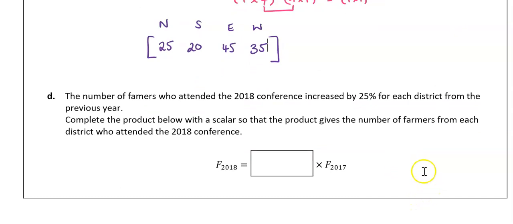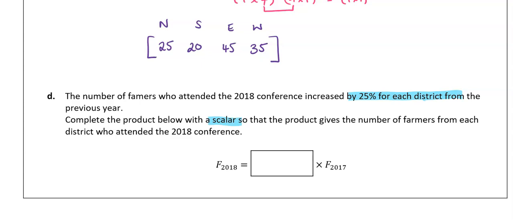Okay, part D. The number of farmers who attended the 2018 conference increased by 25% for each district from the previous year. Complete the product below with a scalar so that the product gives the number of farmers from each district who attended the 2018 conference. Okay, so a scalar, remember, is a single value that's a multiplier outside the matrix.